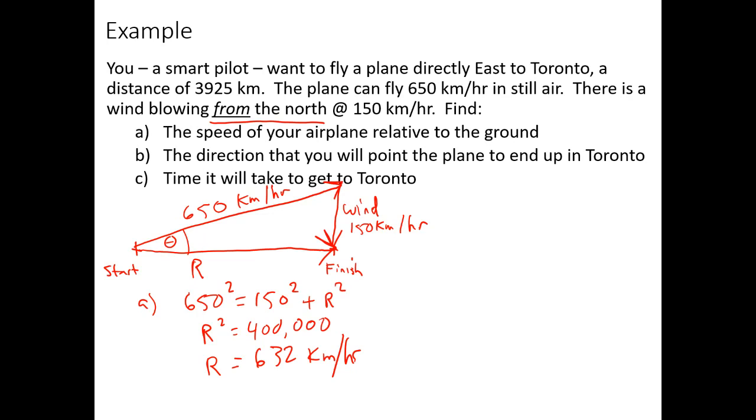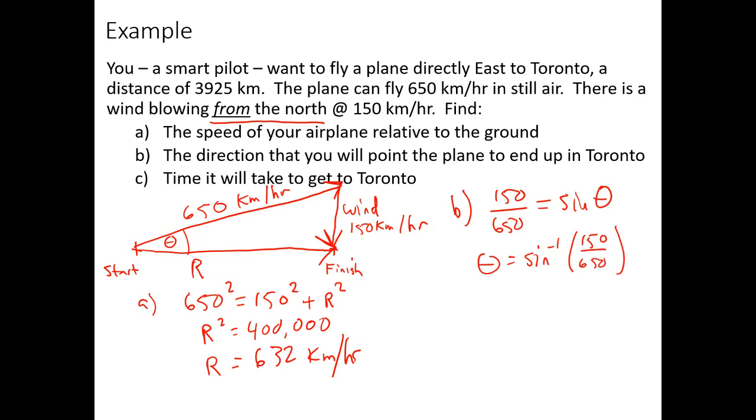For the direction that we will point the plane, 150 divided by 650 will be equal to the sine of angle theta. So to find theta, we do the inverse sine of 150 over 650, or the inverse sine of 0.23, which gives us an angle of 13 degrees.